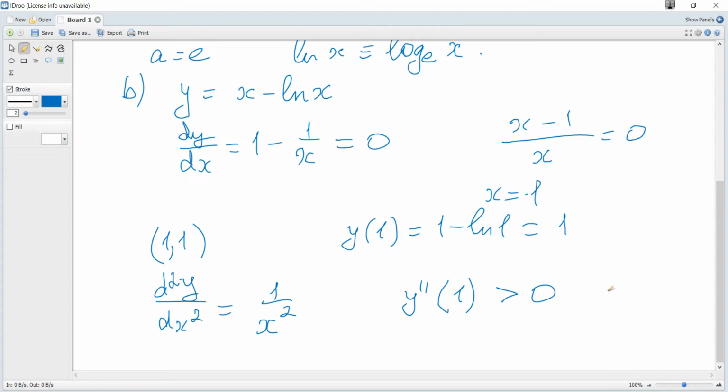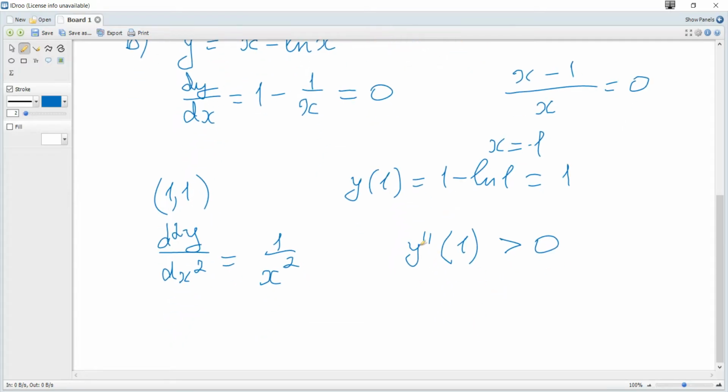And the second derivative at point 1 is greater than 0, and it indicates that the function is concave up at this point. A stationary point by definition is just a point where derivative is equal to 0, but it may be maximum or minimum or neither.